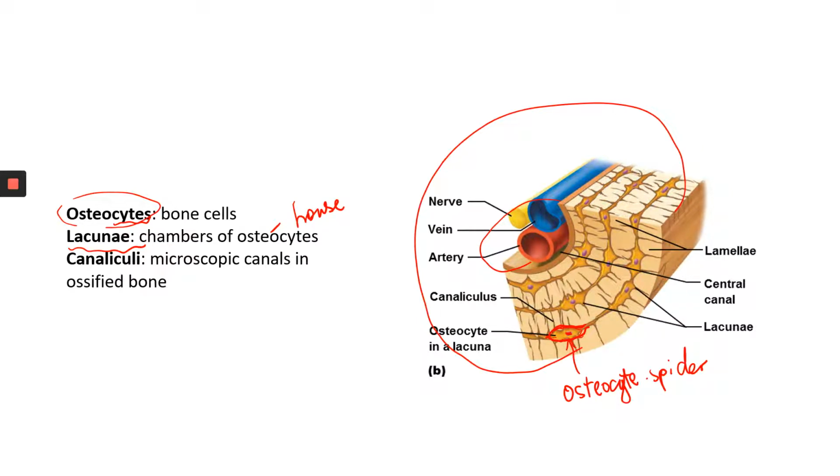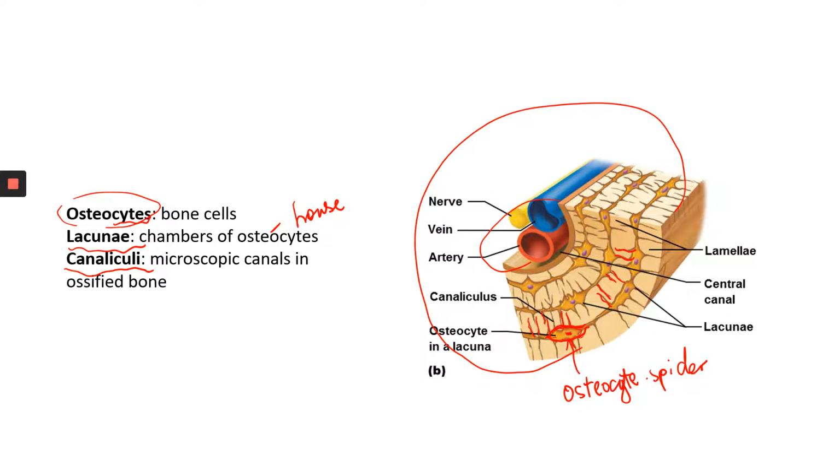Now the last structure is called canaliculi, which is very tongue-twisting. Those are the wrinkle-like lines that you see here. All those lines are canaliculi. Those lines are little tunnels that connect multiple osteocytes, and this is how they communicate with each other.